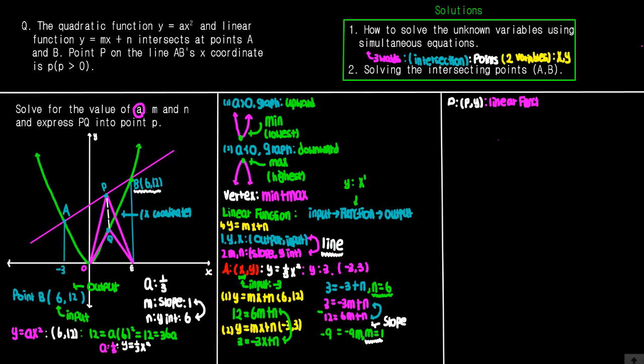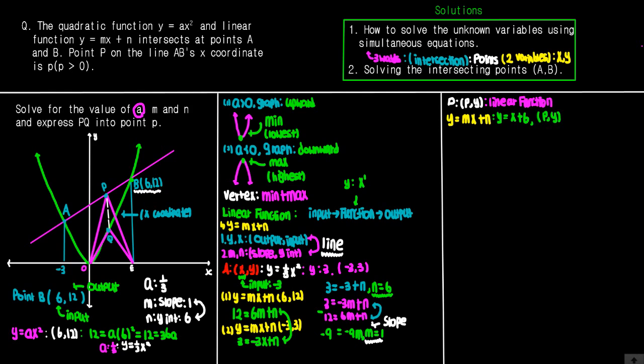And we can make the full linear function as we have solved every single variable. At first, our linear function with the variables was y is equal to mx plus n. But then m was 1, n was 6. So we could easily change it to y is equal to x plus 6. This is going to be our full linear function.